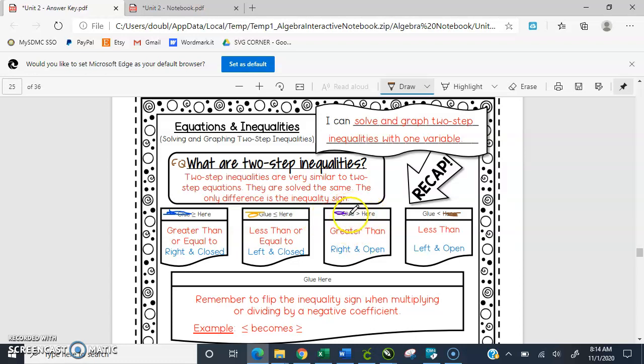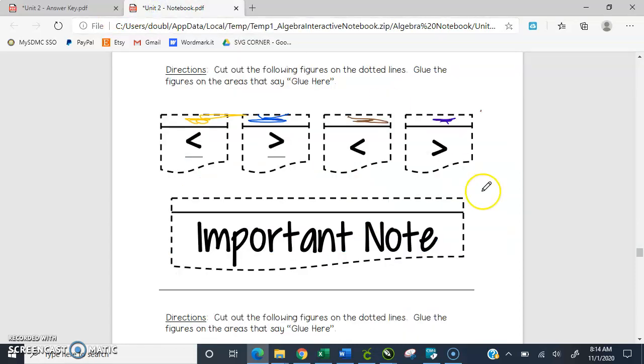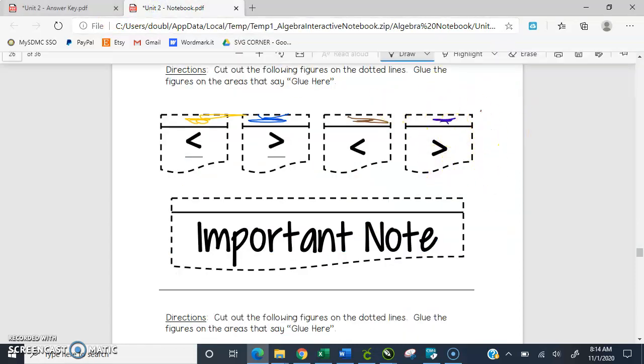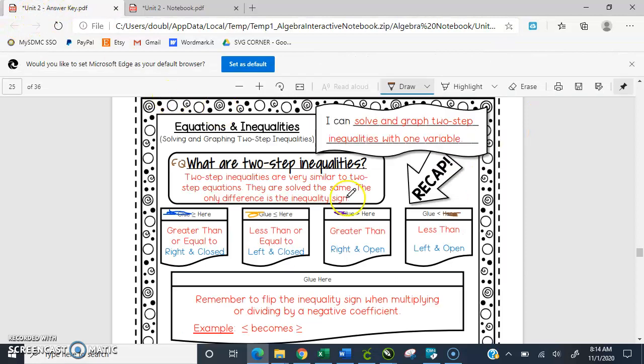The third one is a purple one. I'm going to go to the one that matches that. Looks like it's the last one. And it should be greater than. So this is a circle. It's not colored in because it doesn't have the line underneath it, the equal to line. So it's an open circle and it goes to the right.